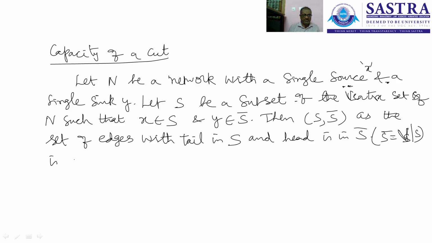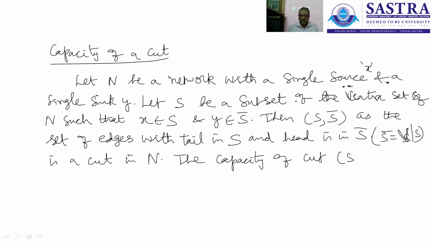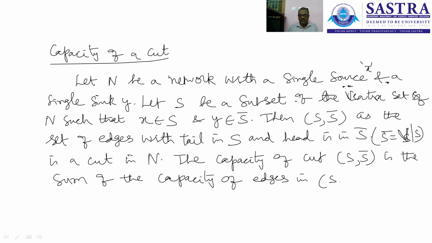Okay, this is called a cut in N. And here the capacity of the cut (S, S bar) is the sum of the capacity of the edges in (S, S bar).